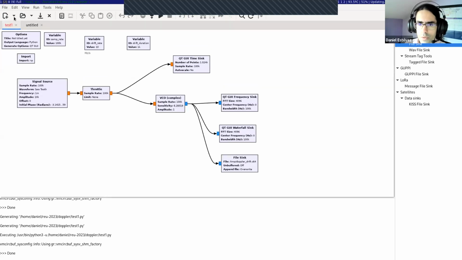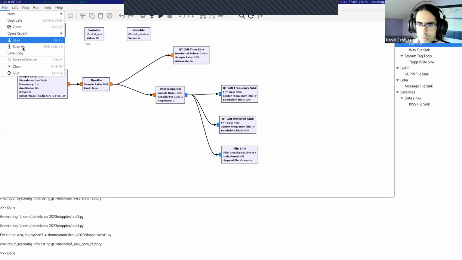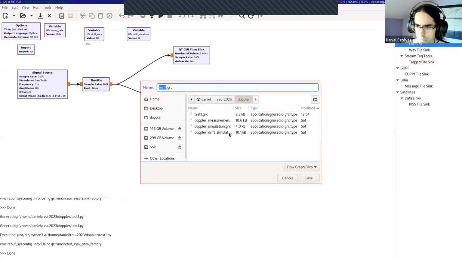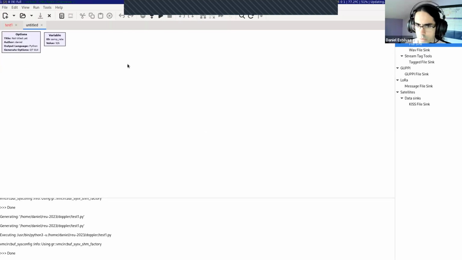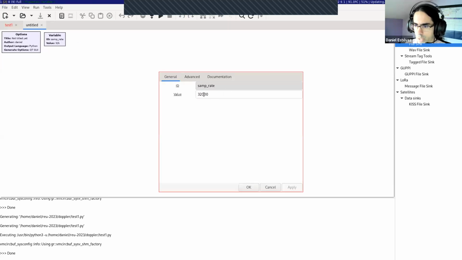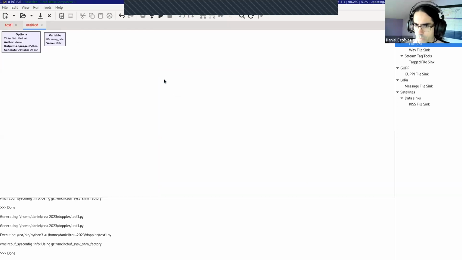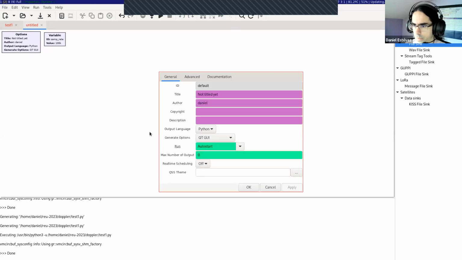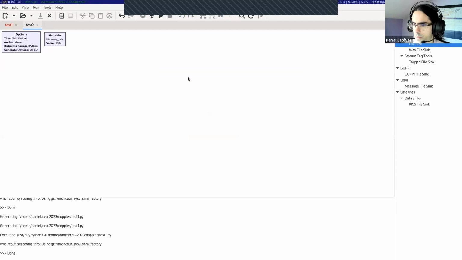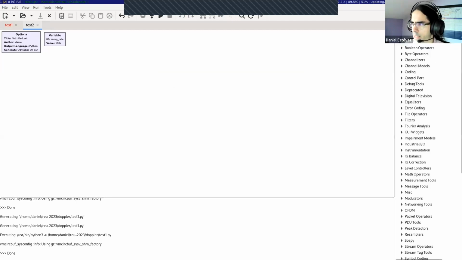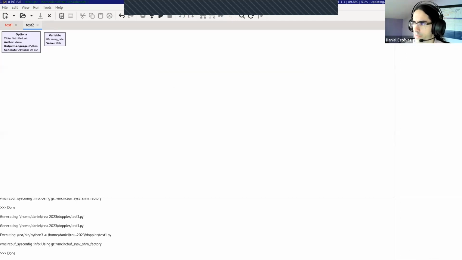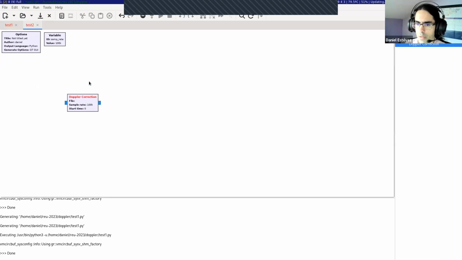For that, we can also do it. What I'm going to do is save as. Actually, I'm going to start from scratch again. So 100 kilohertz, and test 2. And I'm going to introduce here a Doppler correction block. It's called Doppler correction because it was designed to correct for Doppler.